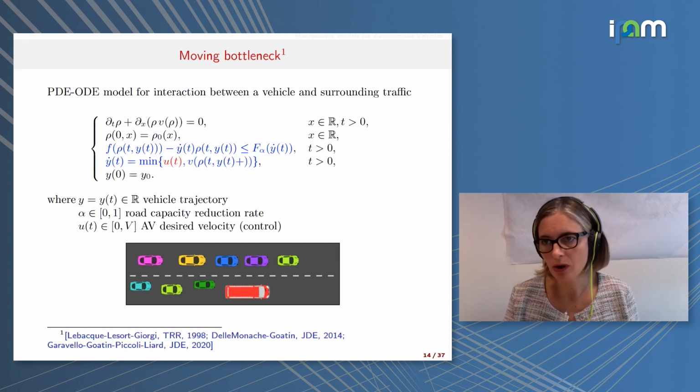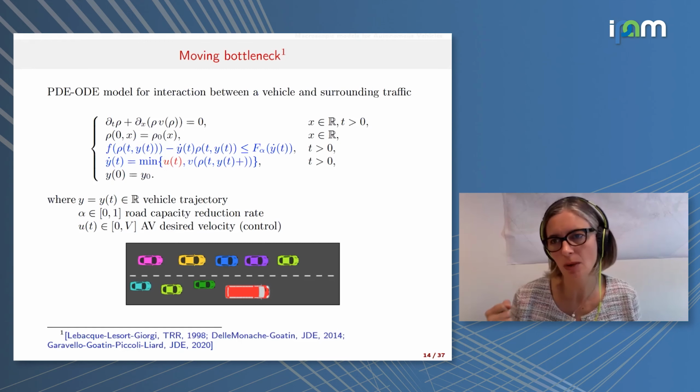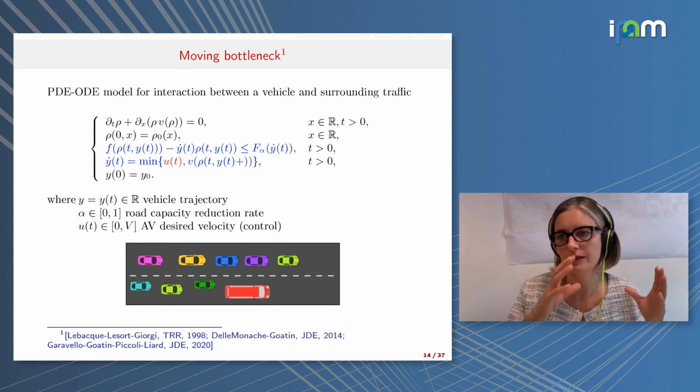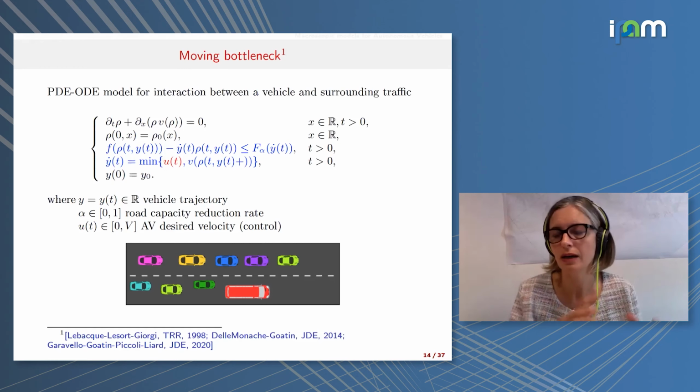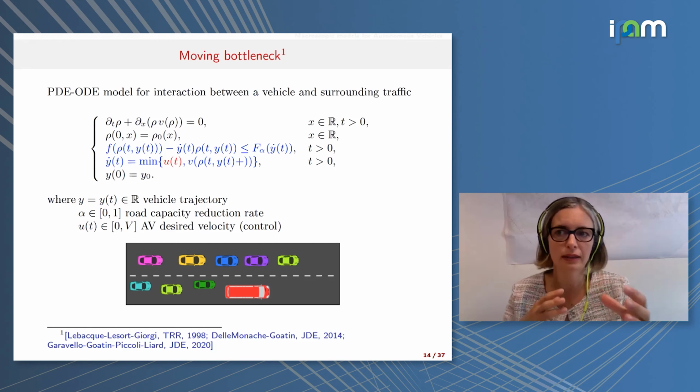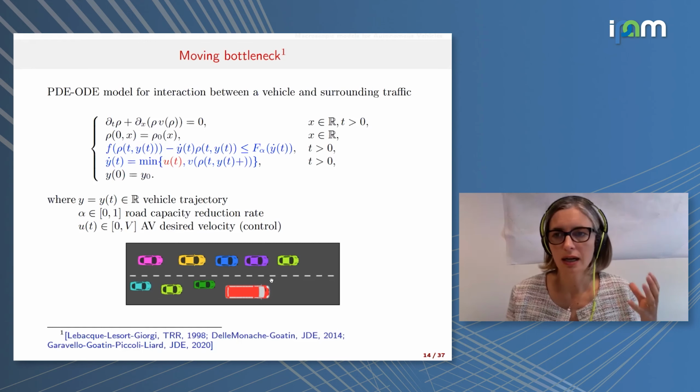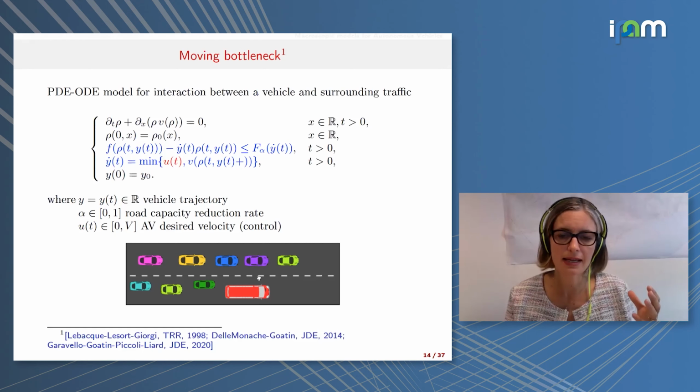Usually in the LWR model, there is no overtaking, because if you look at the macroscopic underlying model, the vehicles are not intended to overtake. To have overtaking, either you take a multi-population model in which there is a group of cars that is quicker and a group of cars that is slower, and so they can overtake. Or, here, we allow overtaking, saying that the flow at the vehicle position is reduced, but is not zero.